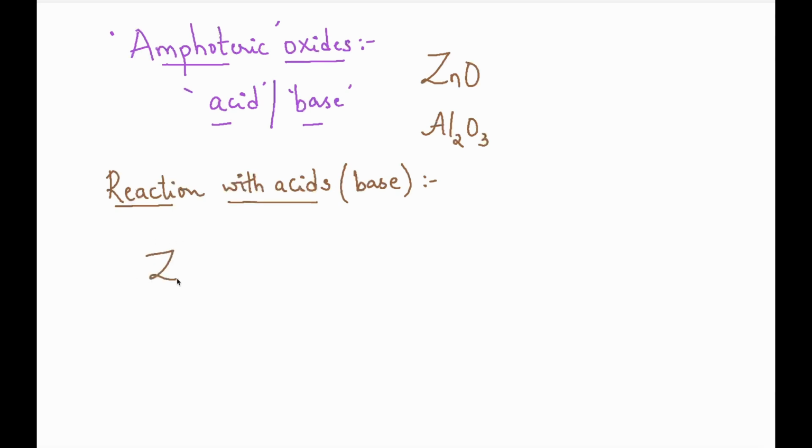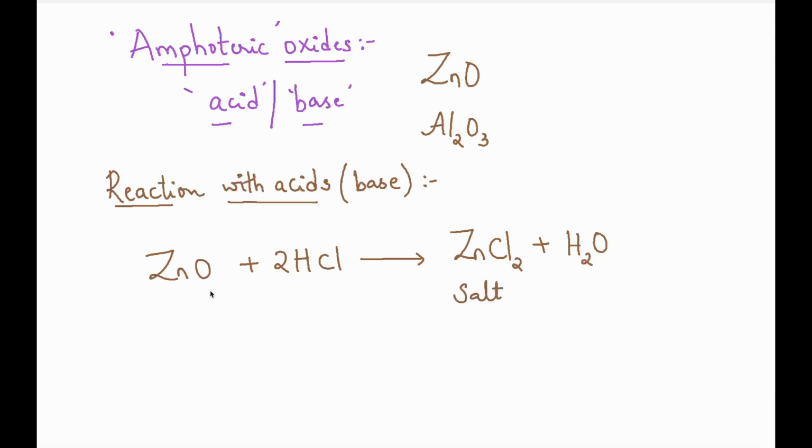So first, zinc oxide combines with acid to form the salt, which is zinc chloride, plus water. The reaction is already balanced. In this example, zinc oxide is acting as a base because it can combine with an acid to form salt and water.